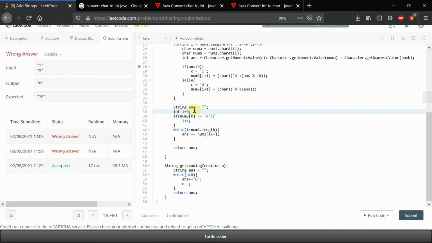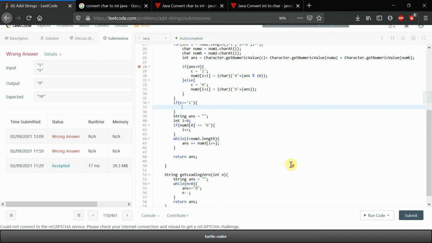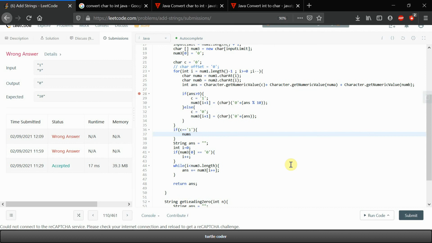So in this case, in the end, if carry is equals to 1, num3 zeroth value should be equal to carry. Or can I make it as a blind thing? Then in that case, should I have to update this? No.